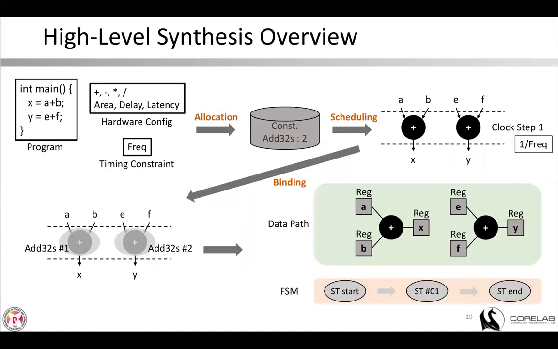For example, let's apply HLS to the following program. In the allocation step, if it allocates 2 add operators, then each operator will be matched to one of the 2 add operations. Accordingly, the final design consumes 2 operators.